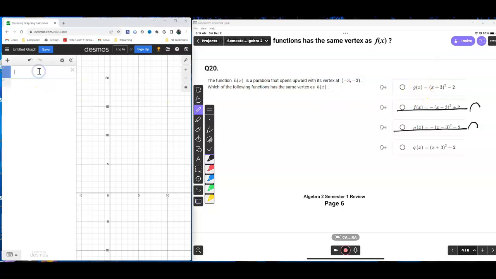I'm going to show you. We have g of x equals (x plus 3) squared minus 2. If I click on Desmos, there is a vertex at (-3, -2).